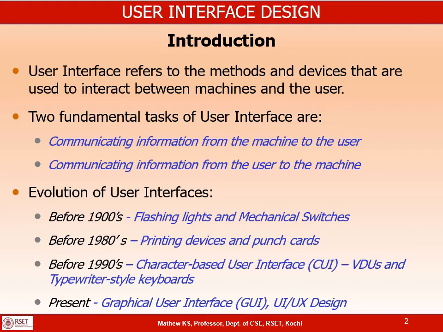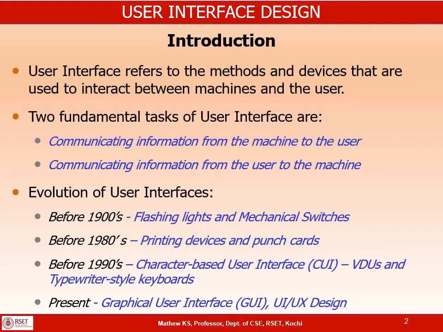Similarly, if the user wants to input some data to the machine, they use the user interface, communicating information from the user to the machine. So these are the two basic purposes: one for the users to communicate some information to the machine, and the second for the machine to communicate some information back to the user.